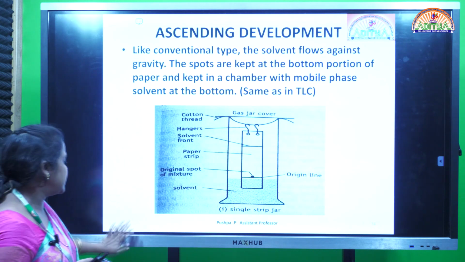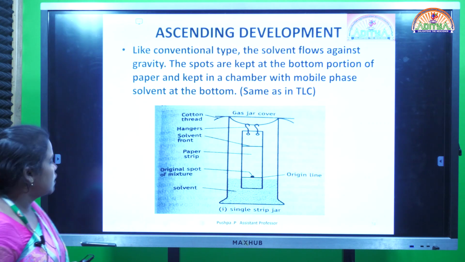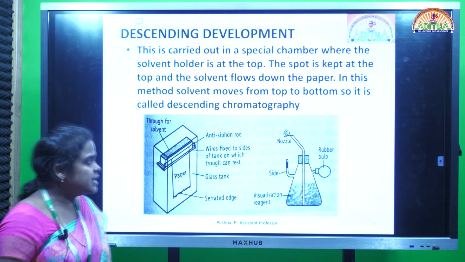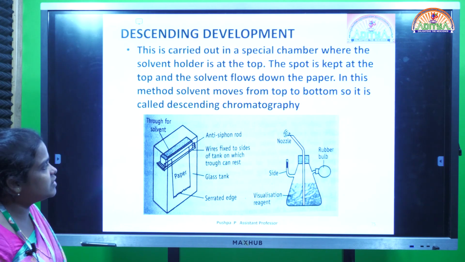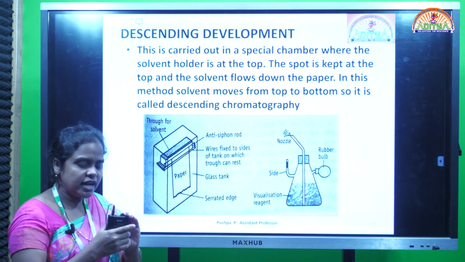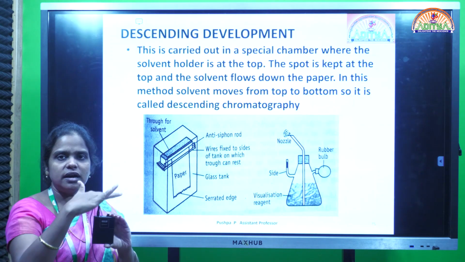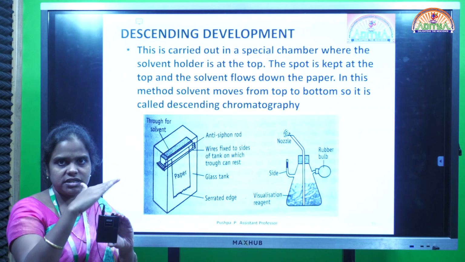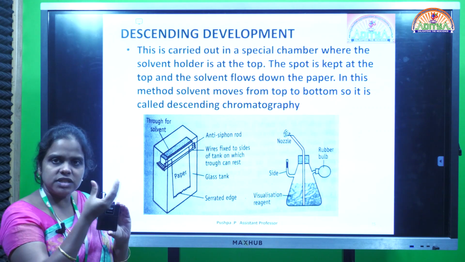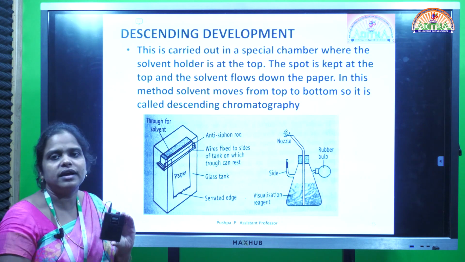And next one, you can see, descending development. The name itself denotes it: in ascending development, the elution takes place against the gravitational force like this. In descending development, the elution will take place along the gravitational force.